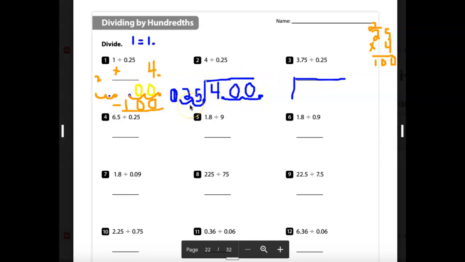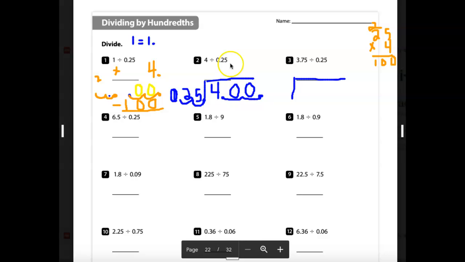How many groups of 25 are in 400? If you were to make 400 tally marks, and then count 25 and make a group, and then count 25 and make a group, and keep on going, how many groups would you end up with? That's what we're trying to find out, okay? So let's look here. Will 25 go into 4? No. But will 25 go into 40? Yes.